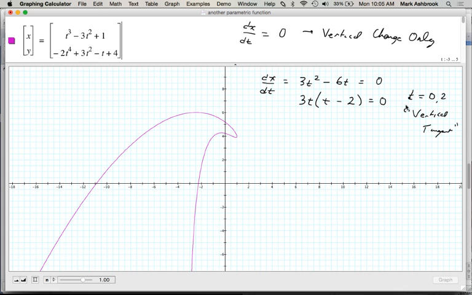We can just take the t value and, yeah, so if you plug in, say t equals 0, what do you get? X equals, y equals. So that looks like the one we were interested in, right? 1, 4.